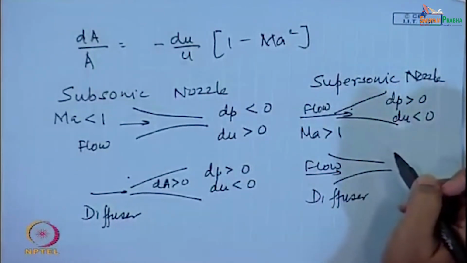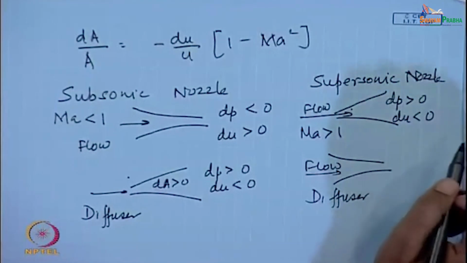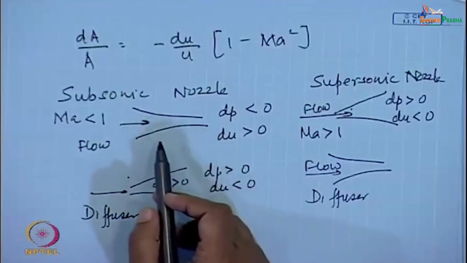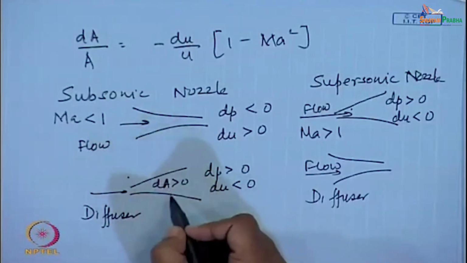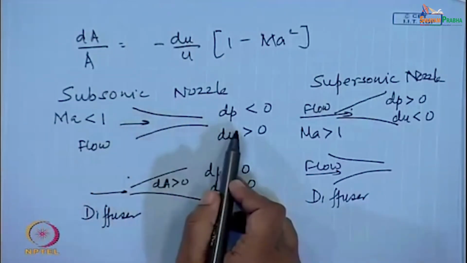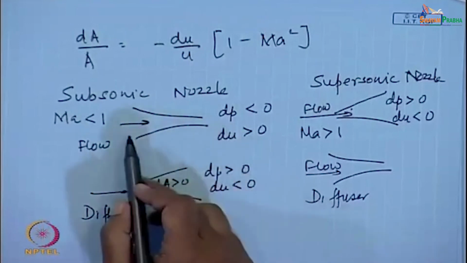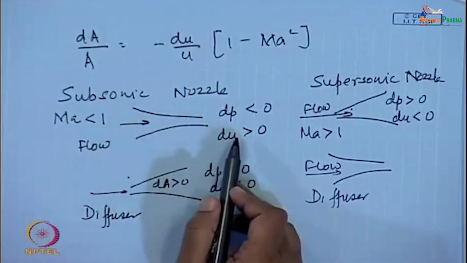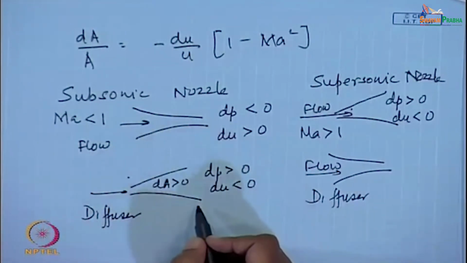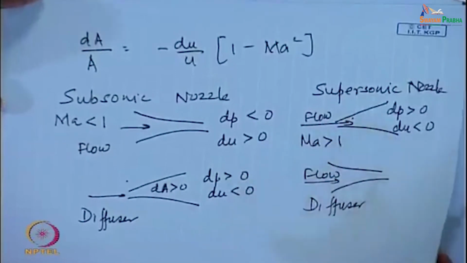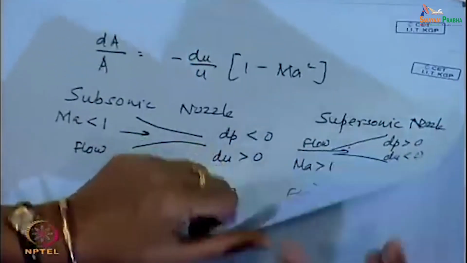Okay. So, from these things what do we deduce? The important observations are that at subsonic speed, that is when Mach number is less than 1, a decrease in area increases speed of flow. A subsonic nozzle therefore should have a convergent profile, and a subsonic diffuser should have a divergent profile, is it not? So, we can jot it down in this fashion.